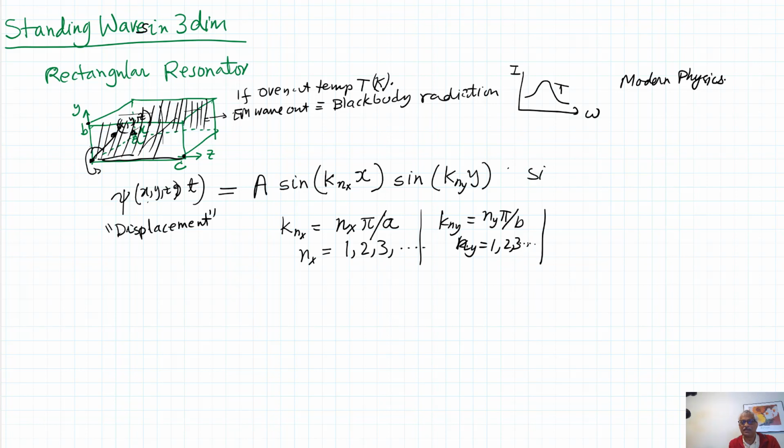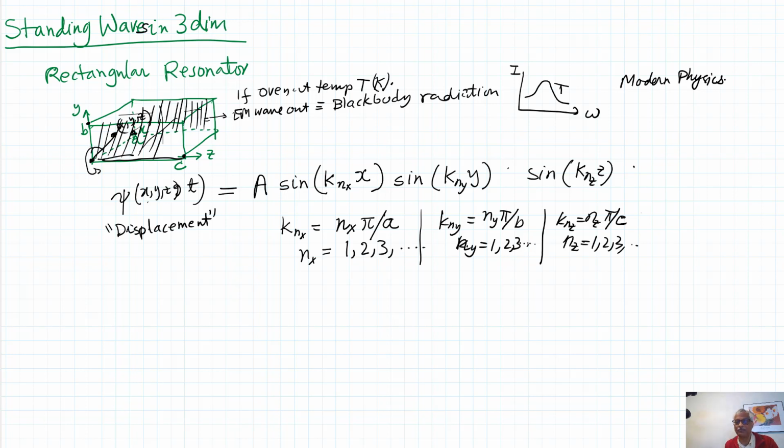Then the same situation along the z-axis, so I'm going to get a sine k along the z-axis. K in z will be nz pi over c, and nz will be 1, 2, 3, etc.